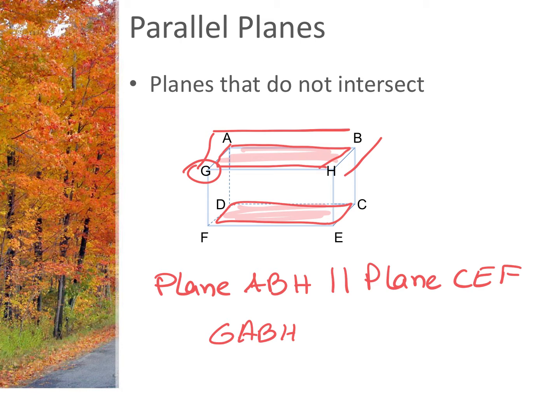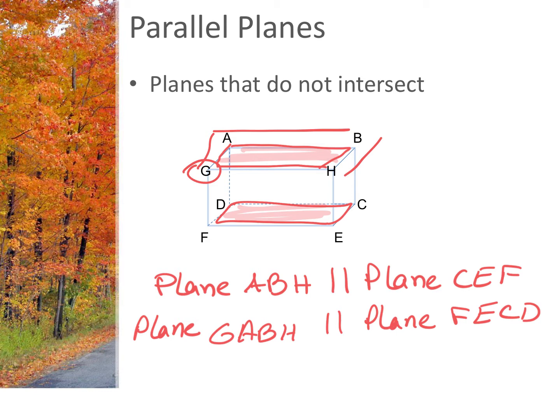And that's how you can name it. You need a minimum of 3. You could use 4. So that could be another way to name that same plane on top. Another name for the bottom plane, instead of starting with C, I could start with F, and I could go backwards, F, E, C, D, if you want to use 4.